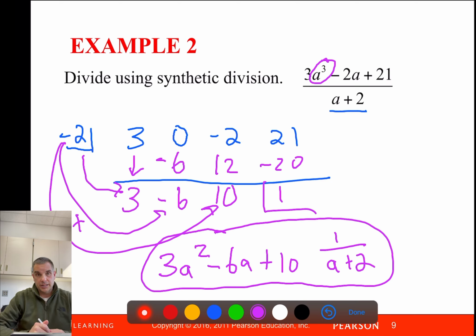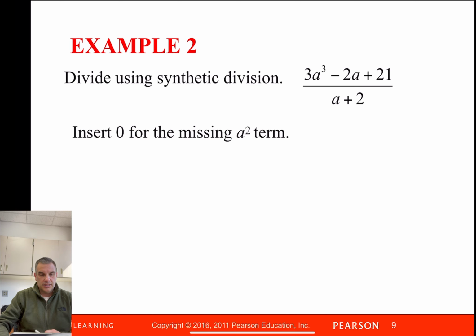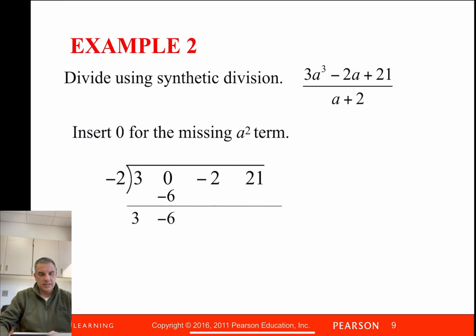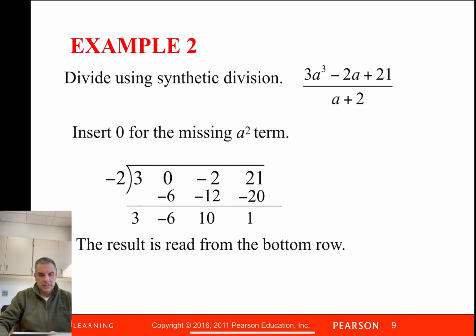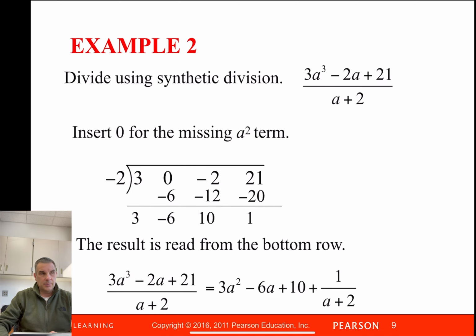And you're done. Okay. Again, what we're finding out is that 2 isn't a 0. We would know if it's a 0 if we had a remainder of 0, but it's not. So a minus 2 is not a factor of this. Okay. Let's take a look at what they did. Same thing we did. They do it a little differently, but again, same result that we had with this problem.